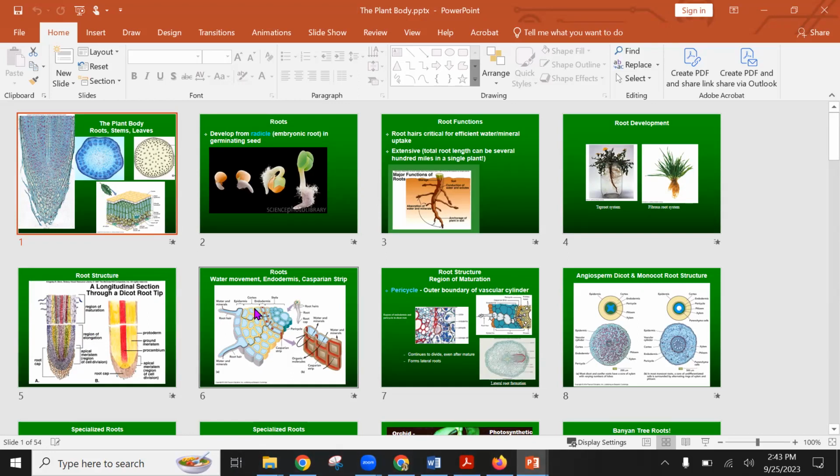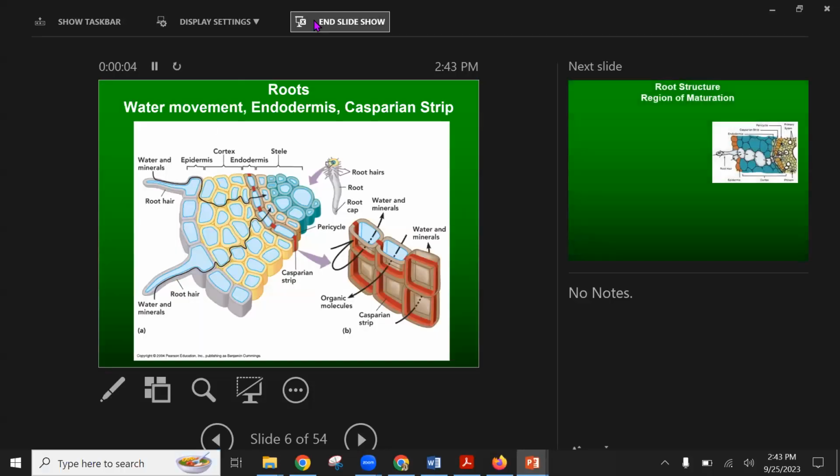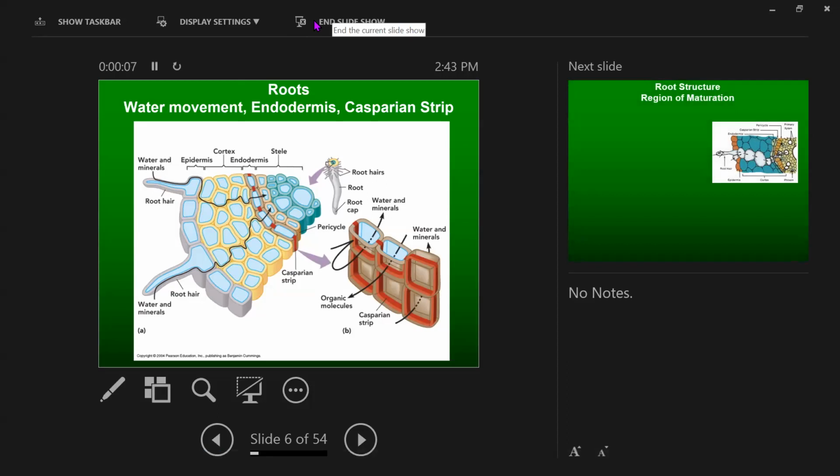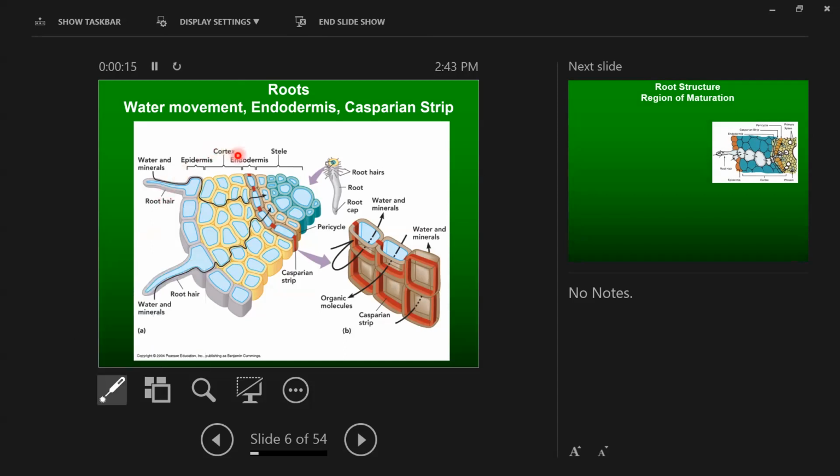Slide 6 here, where we look at what's happening once water comes into the root. So thinking about that idea and how we have that endodermis, that ring of cells that regulates water flow into the xylem. So the terminology on here is important, looking at what an endodermis is with the Casparian strip, which is that orange waxy stuff.